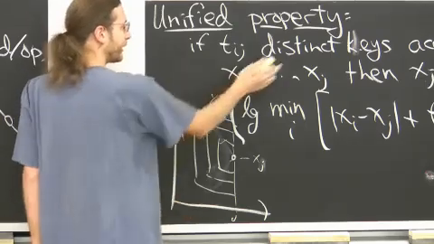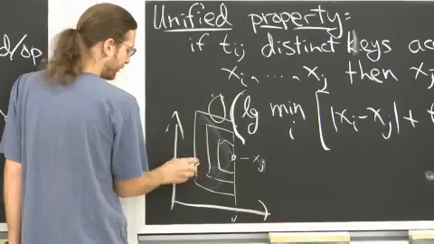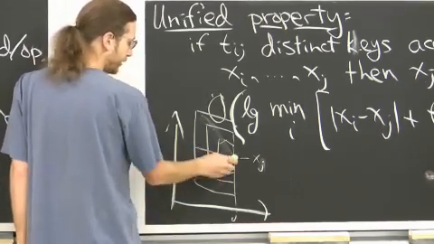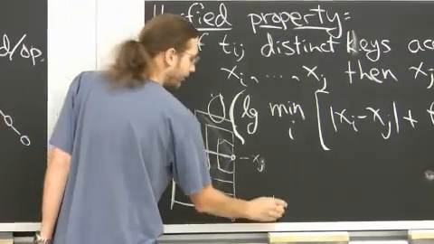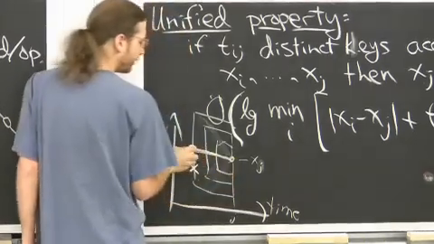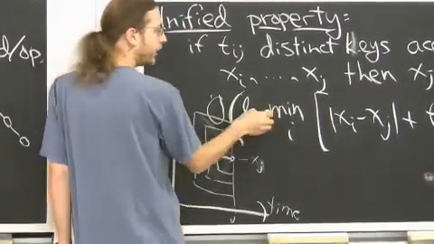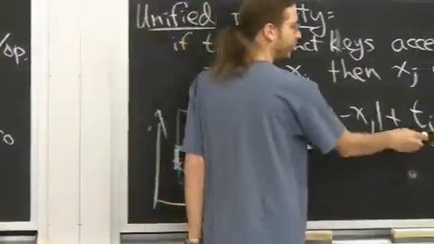It's a little more subtle than that because we're only counting distinct keys. But let's say you find this key. And this key is good because its temporal distance, this is time, is only this big. Its spatial distance is only this big. What we're going to pay is log of the sum of the spatial distance and the temporal distance.